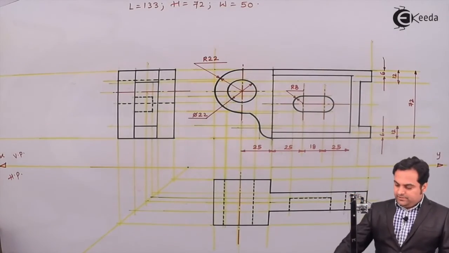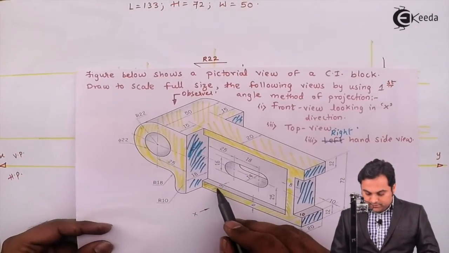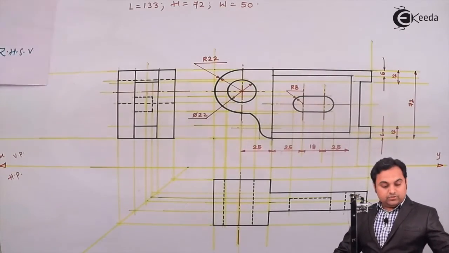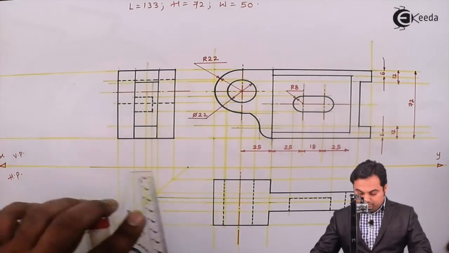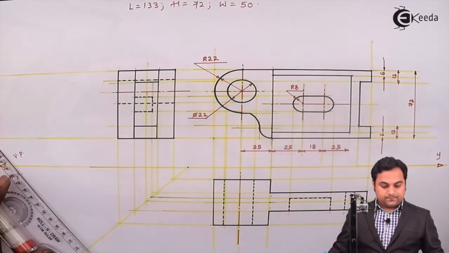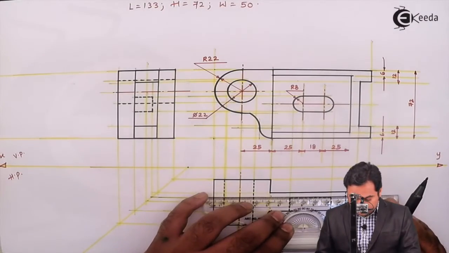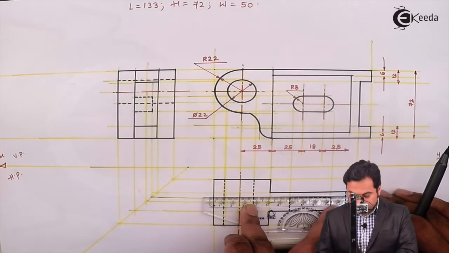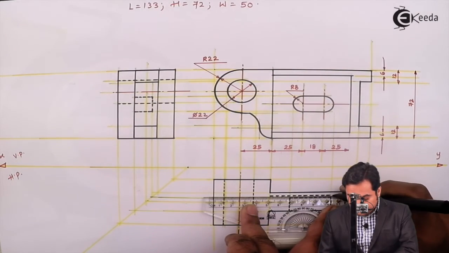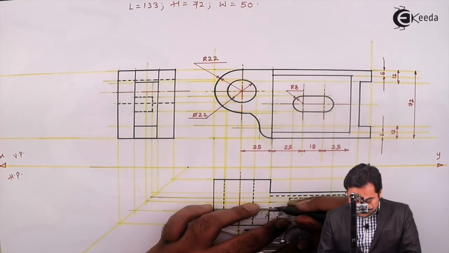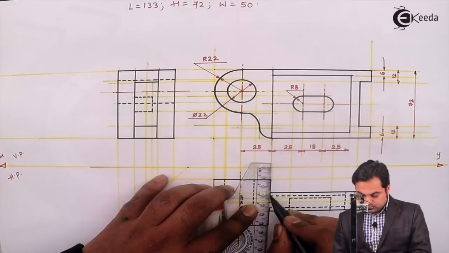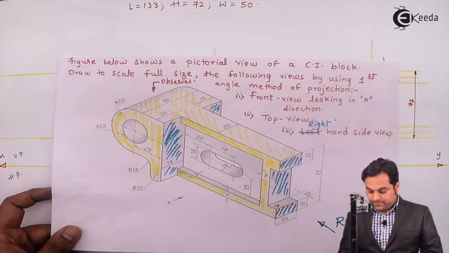Then after reaching up till here, next, in case of the top view, here there is a line which is 3 mm, which will not be seen from the top, so that has to be hidden. So it will be drawn like taking 3 mm from both the sides. So it will end up till here. This line will end up till here.